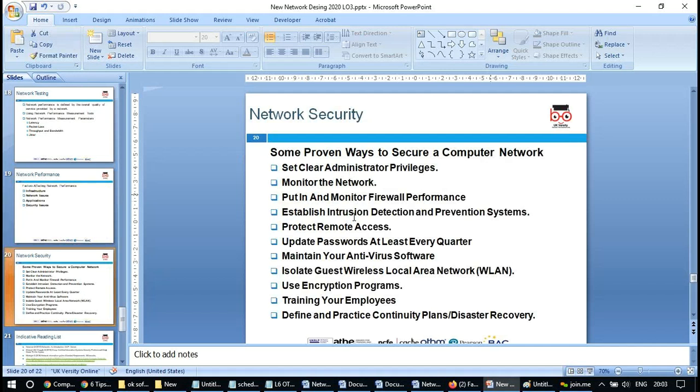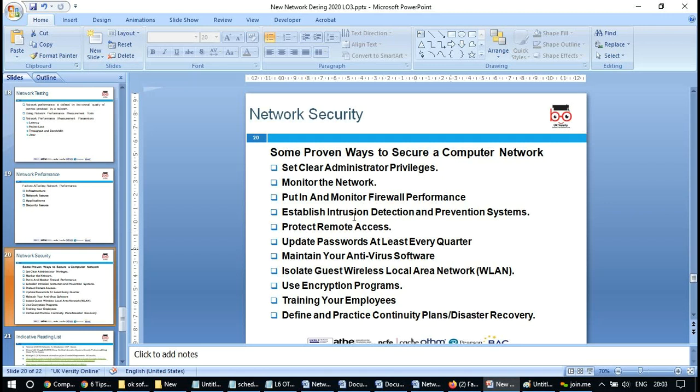For network security, some proven ways to secure the computer network are: set clear administrator privileges, monitor the network, put in and monitor the firewall performance, establish intrusion detection and prevention systems, protect remote access. Like we explained, you need to decide whether, for example, the bank networks could be given the remote access or not, isn't it?